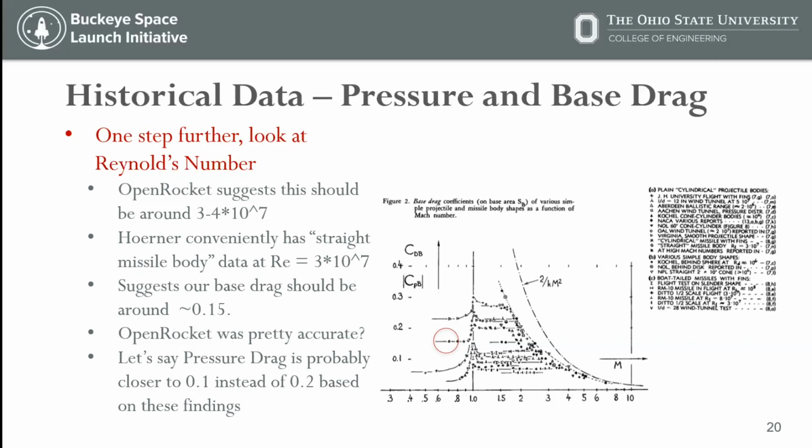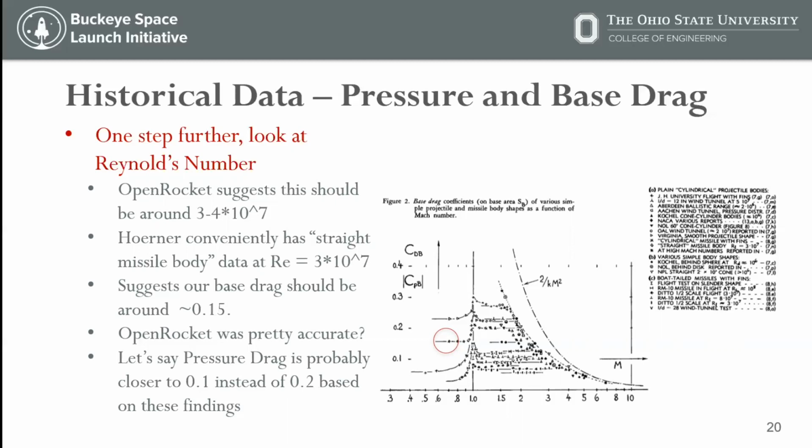So it's looking like OpenRocket was probably pretty accurate in the estimation. Recall that OpenRocket was saying our base drag should be around 0.17. And because our base drag is around 0.15, and we had been estimating a range between 0.15 and 0.25 for our base drag, we're on the lower end of that range.